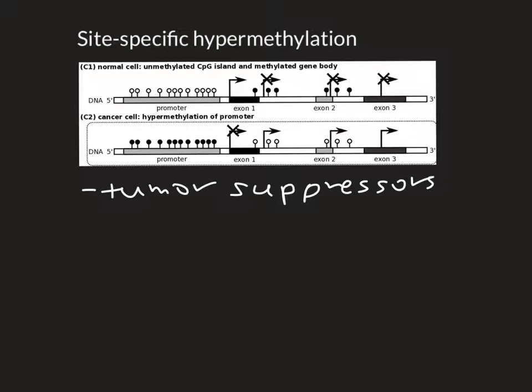Like I said before, they regulate processes which counteract that of cancer. Thus, their silencing promotes growth and proliferation of potentially harmful cells, which leads to tumorigenesis. Site-specific hypomethylation can also target transcription factors.